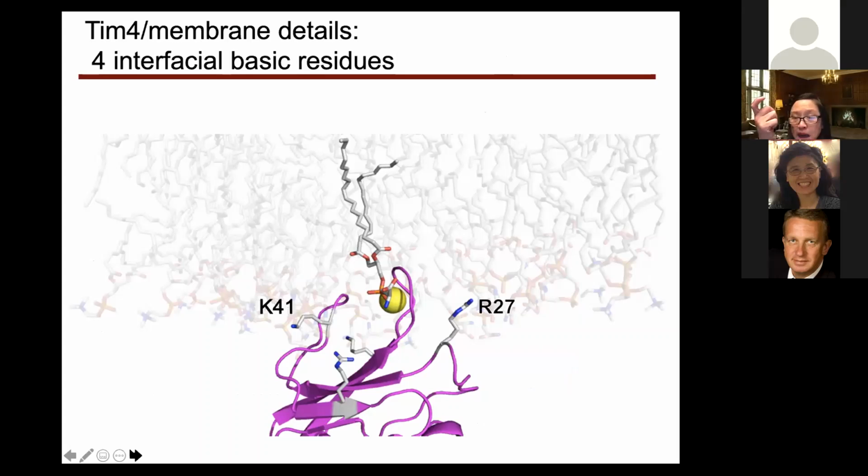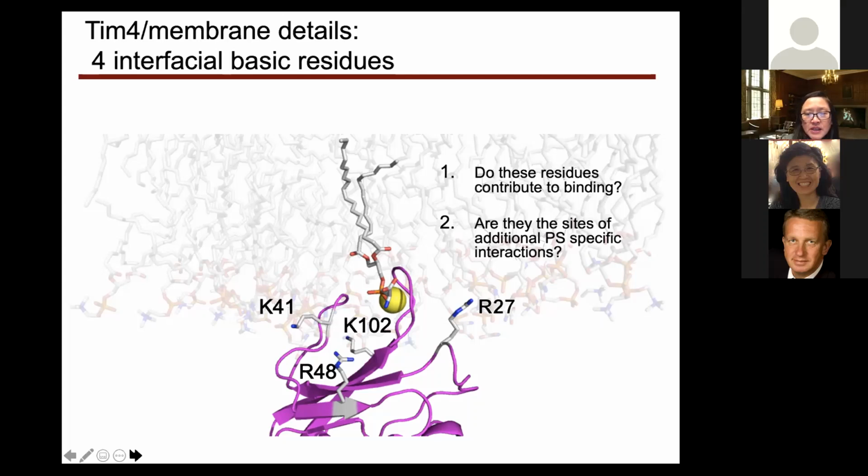In addition to the binding pocket, which is important for the PS association, it also has 4 interfacial basic residues in close proximity to the head group of the lipid, giving rise to an additional electrostatic anchor and associating with additional PS, which is inferred from the Hill coefficient of 2 point something, an additional cooperativity effect of the interactions, giving rise to the stability of the bound state of this protein to the system.